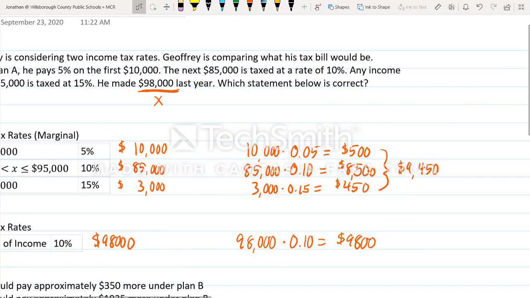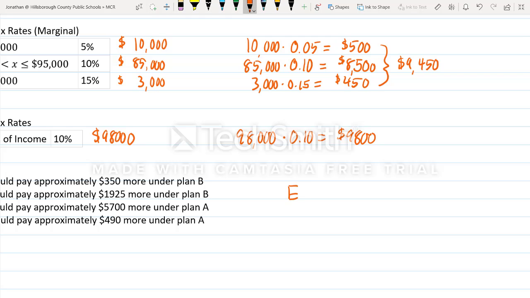Now, an additional thing, let's see how much of his income this actually is. What's his effective tax rate? That's what people call it after you finish things. So effective tax rate.